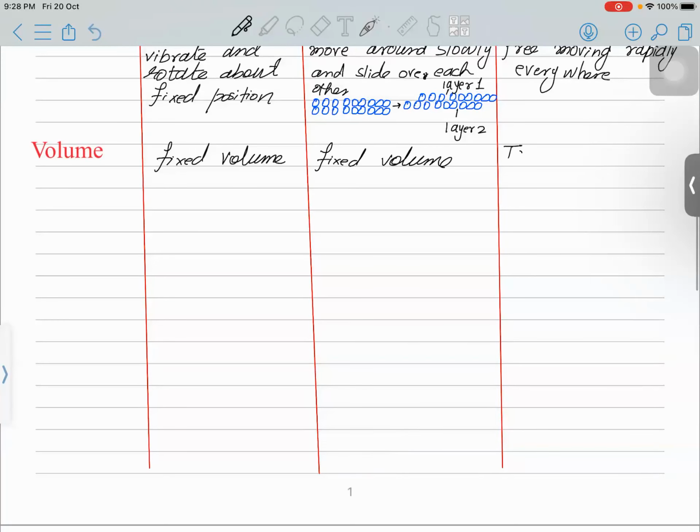And here, gases take the volume of the container. क्योंकि गैस पार्टिकल्स दूर दूर होते हैं ना, इनका अपना वॉल्यूम नहीं होता, ना होने के बराबर है. Solid has fixed volume. Liquid also has fixed volume. But gases do not have fixed volume.